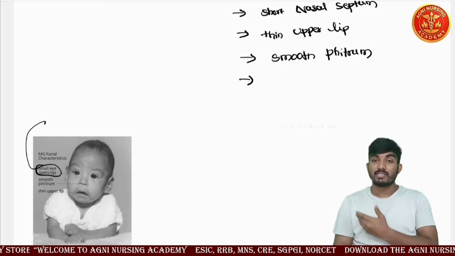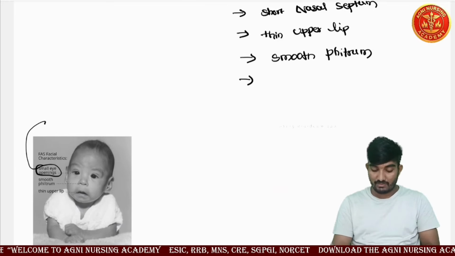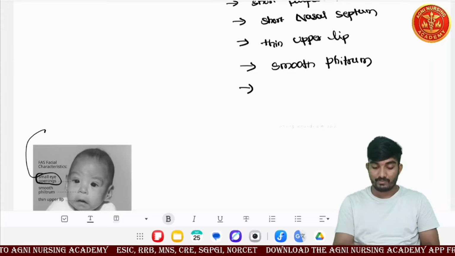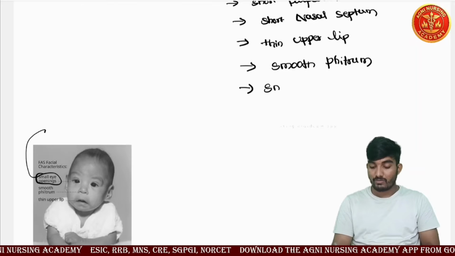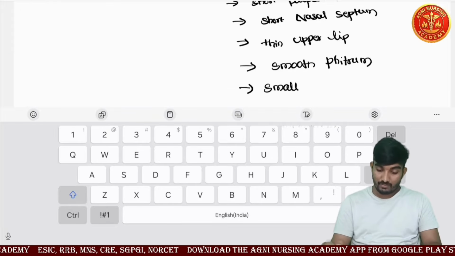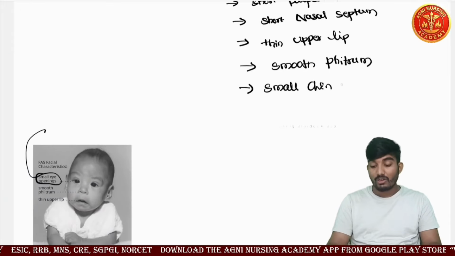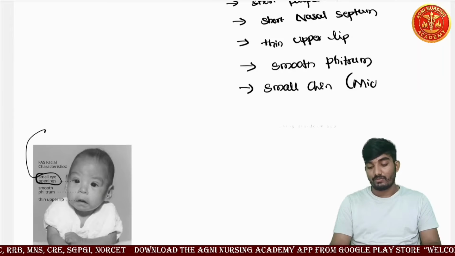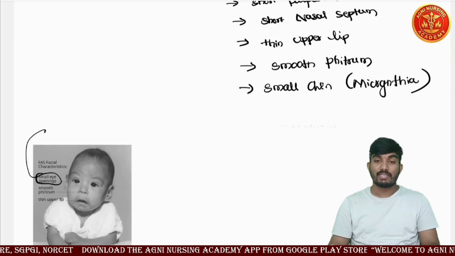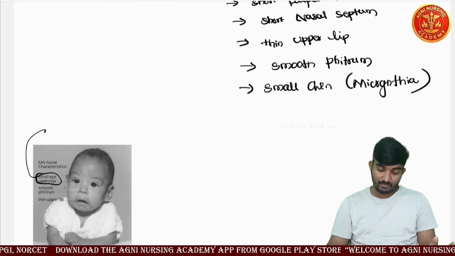And again, a small chin will be present. Small chin, that one will be called micrognathia. Micrognathia, that is the small chin.